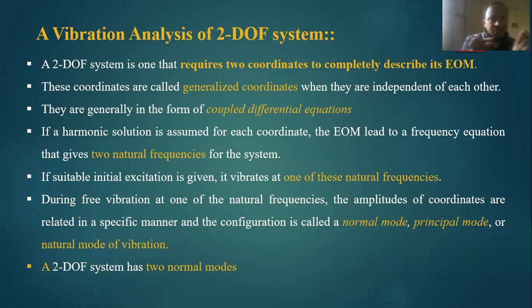The differential equation in terms of theta and the differential equation in terms of x are coupled differential equations. Or someone expresses them in terms of x1 of t and x2 of t for the motion of the 2 nodes. Then still we get 2 coupled differential equations.